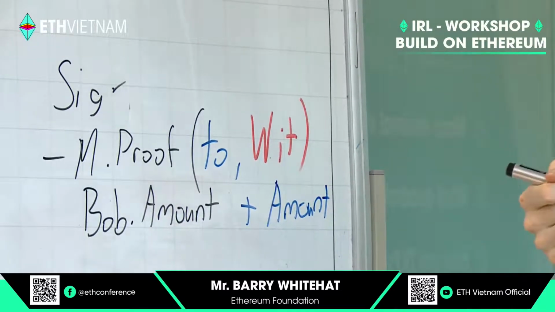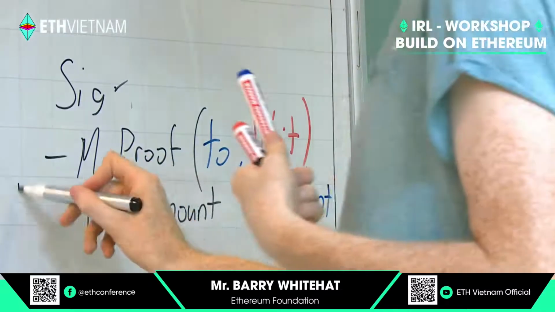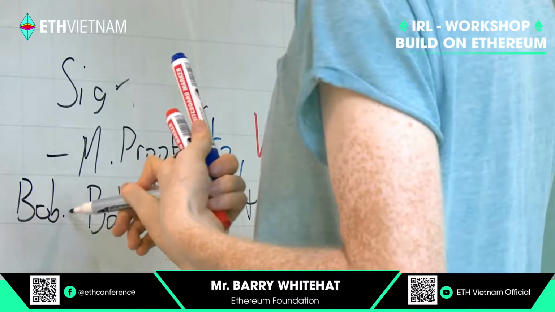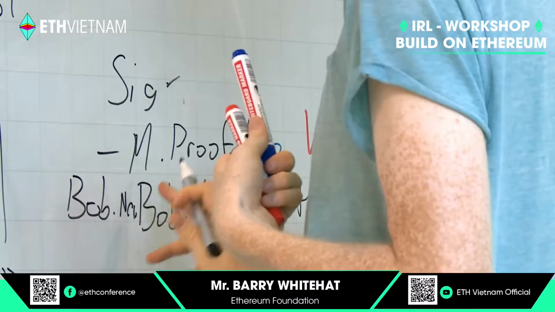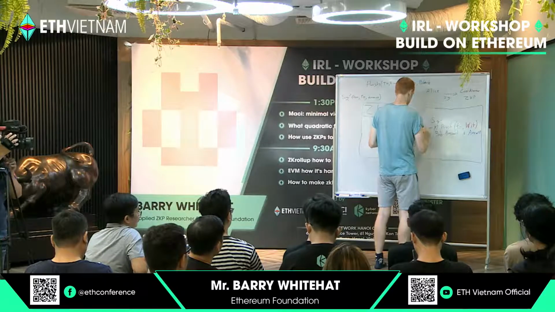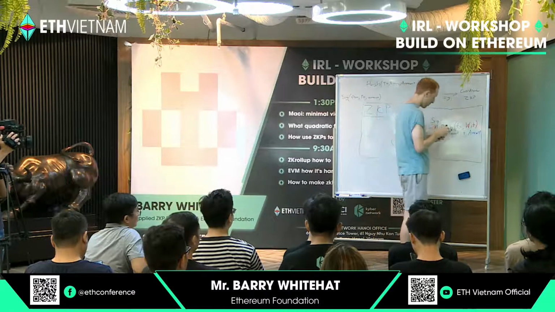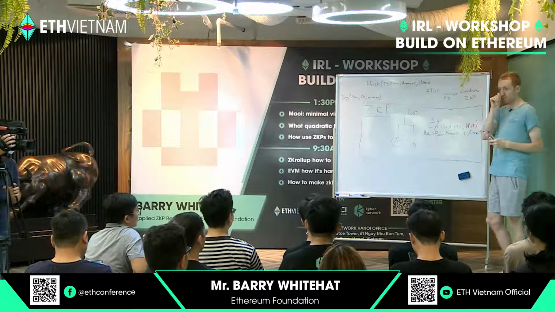Perfect. Okay. So now we've calculated Bob's new leaf. So let's just call this Bob underscore.